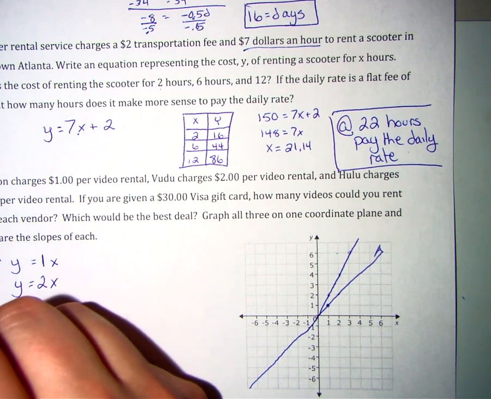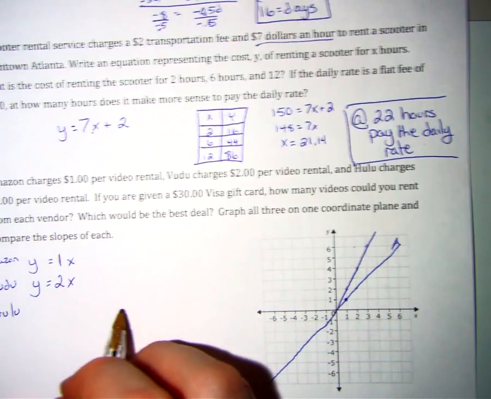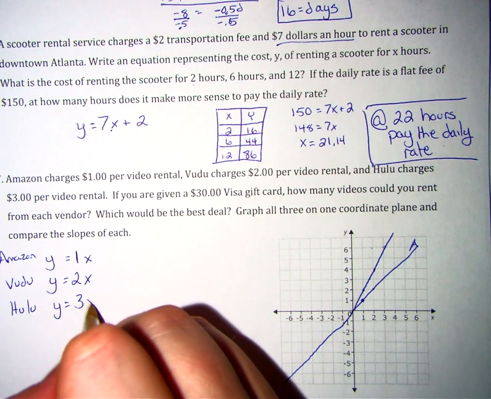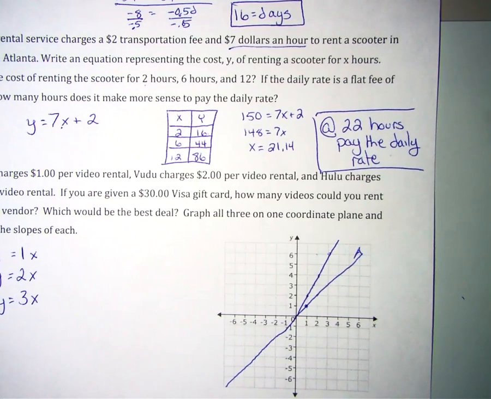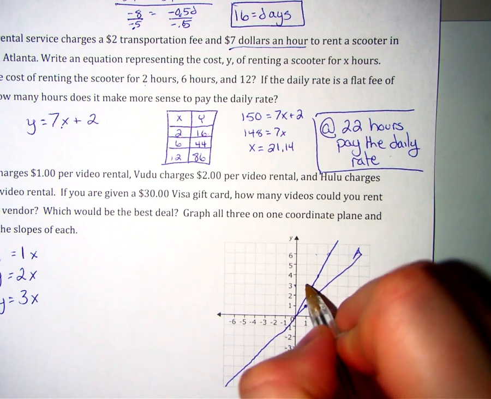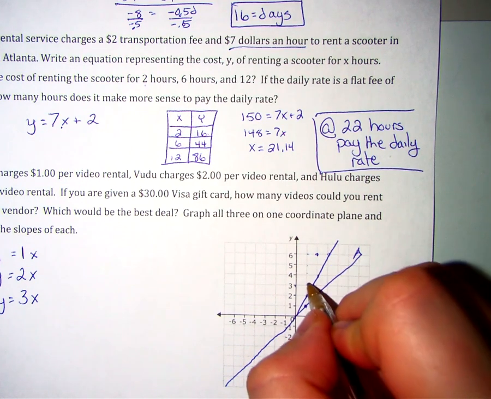Hulu charges $3 per video. $3 for each video. So now we start to see the pattern. That goes up 3 over 1, up 3 more over 1.